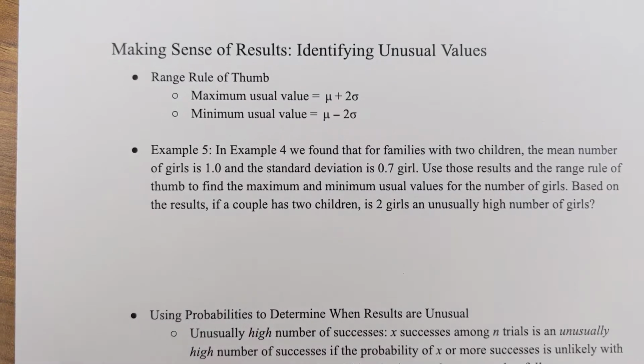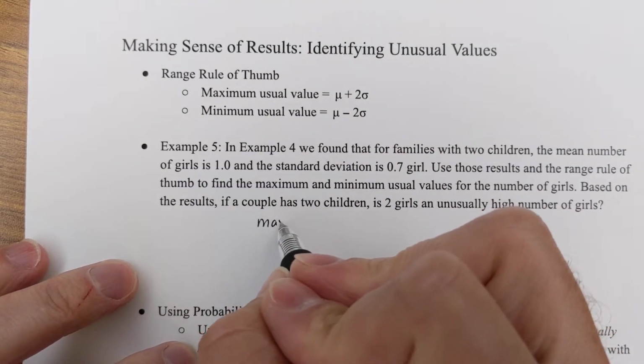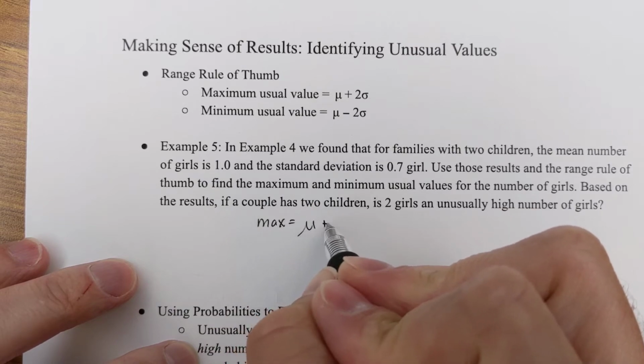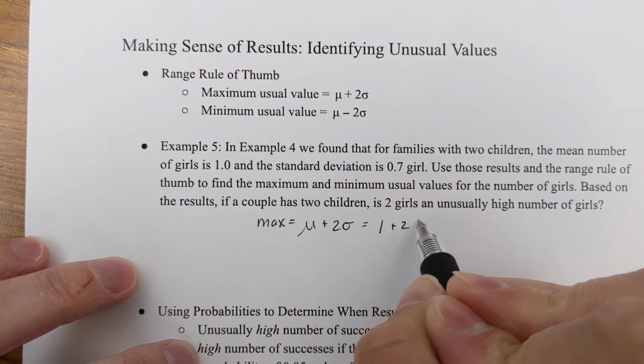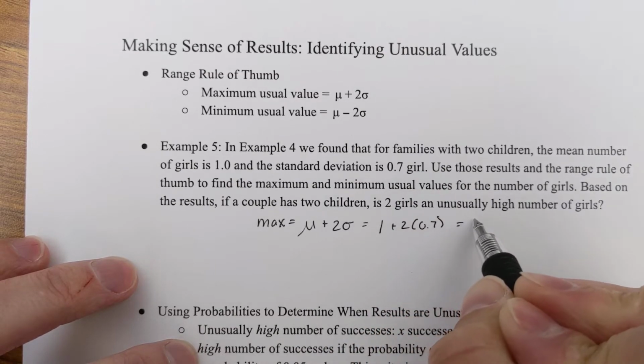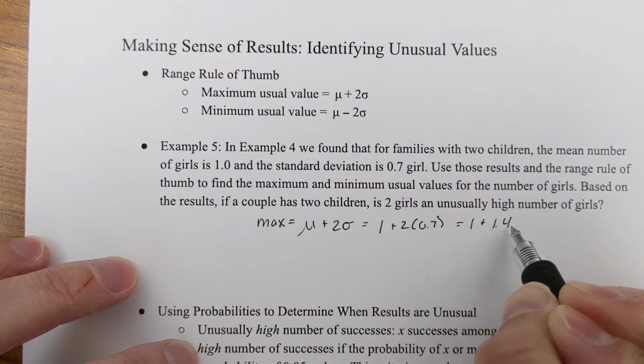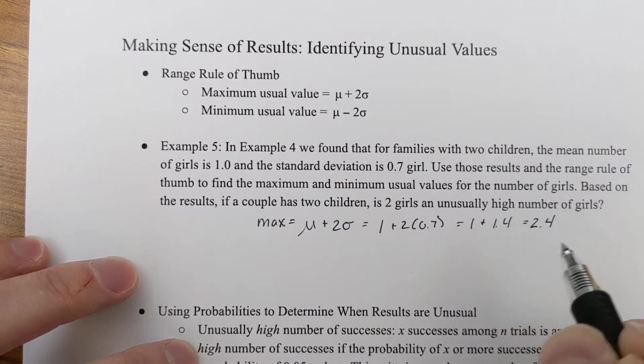So maximum is equal to the average plus 2 sigma, which is 1 plus 2 times 0.7, which is 1 plus 1.4, which is 2.4.